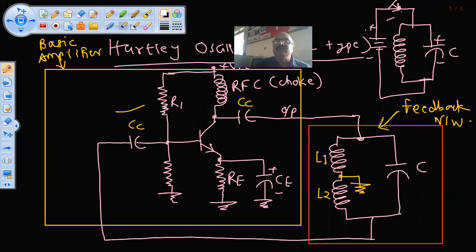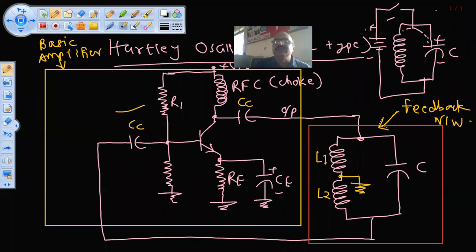And when I turn off this switch, when I remove this switch, what remains is only the tank circuit. The capacitor is charged. What will happen?